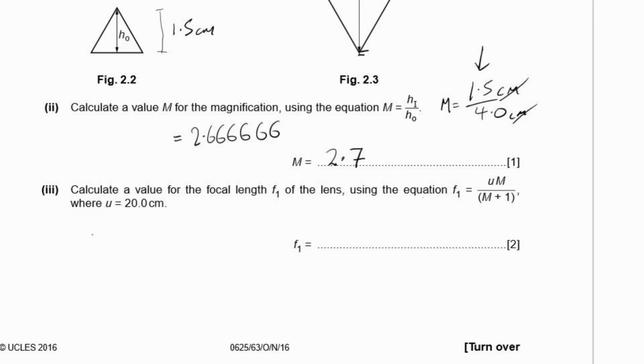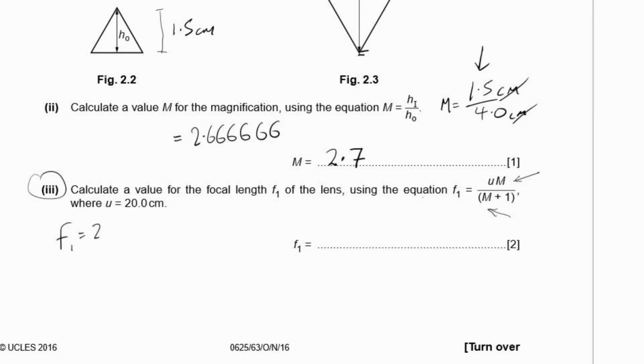Now, for part 3, we've got a calculation which is involving the value for m we just calculated. Okay, so f1 equals, let's read through the question. Calculate a value for the focal length f1 of the lens using that equation. f1 equals u times m divided by m plus 1, where u is 20 centimeters.